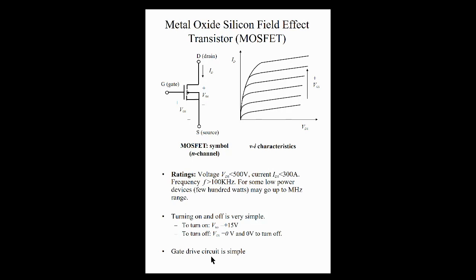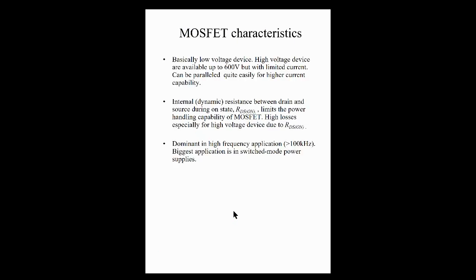And also the gate drive circuitry is very simple as compared to the BJT, where the drive circuitry is normally expensive and is complex. So in most power electronic applications that require high frequency, low power, the MOSFET is a choice, right? The power MOSFET.